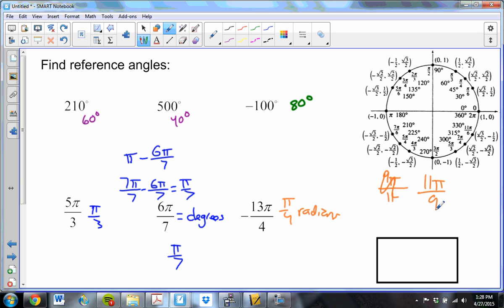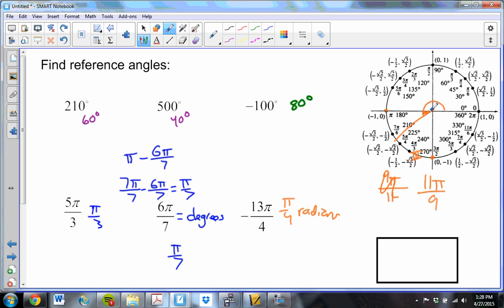So I'm somewhere in here. I'm less than 1.5. And basically you have to check your quadrantal angles. 1.5 pi would be here, but 11 over 9 isn't quite 1.5, so I'm in quadrant 3, not in quadrant 4.